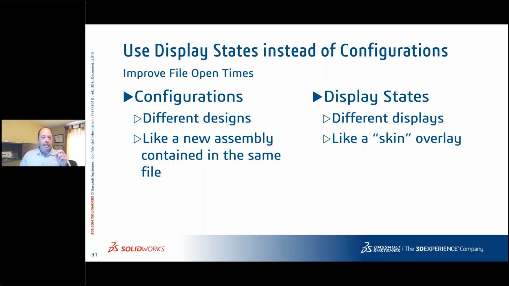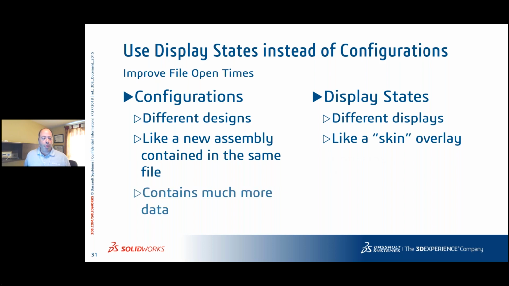When you create a configuration, you're creating basically a new assembly inside the current assembly, or a new part, right? So configurations can be used for both assemblies and parts. Same for display states, by the way. Whereas with a display state, you're basically just putting a skin on top of the existing assembly or part.